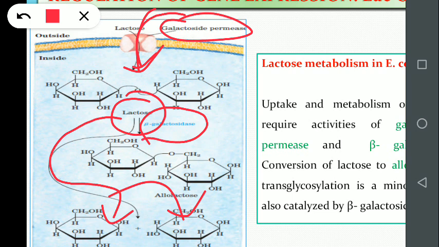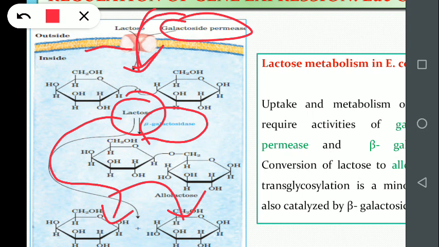Okay, so here for the lactose metabolism we require two important proteins. First one is lactose permease or galactoside permease that allows the entry of lactose into the cell, and the second one is beta galactosidase that breaks the glycosidic bond between glucose and galactose in the lactose to form glucose and galactose. Okay, so these two are important.